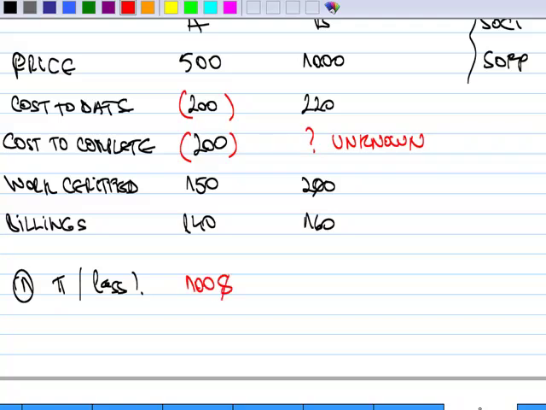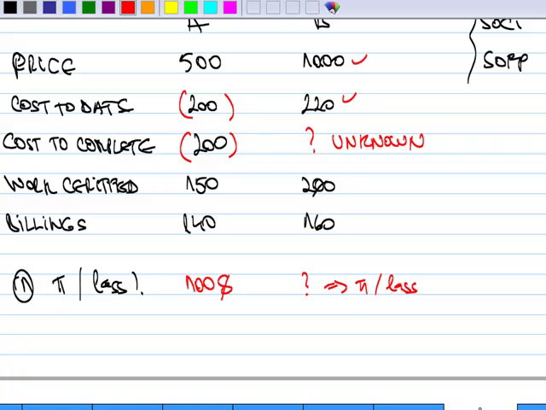For project B, I have a selling price of 1,000. I know that up to date I actually spent 220, but I don't know how much I will actually spend until the project is finished. So in here I cannot tell you whether or not this will be profit or loss making.